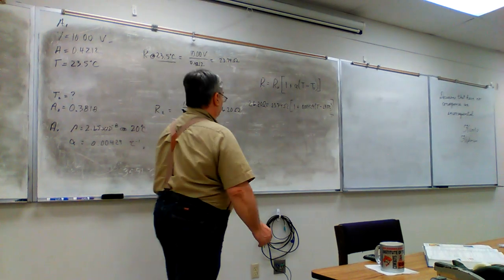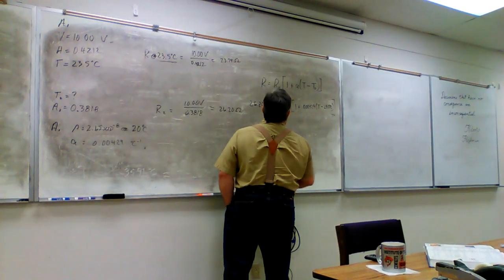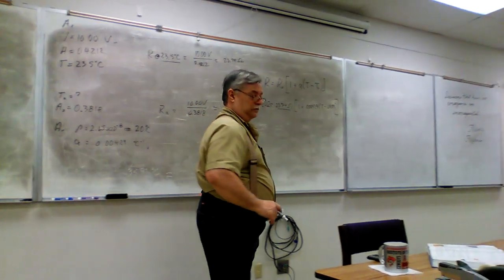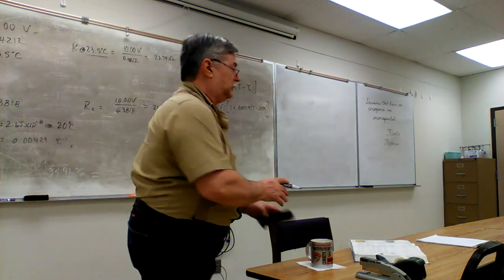And now we just solve for T. Let's start by dividing both sides by 23.74 ohms. What's 26.2 divided by 23.74?